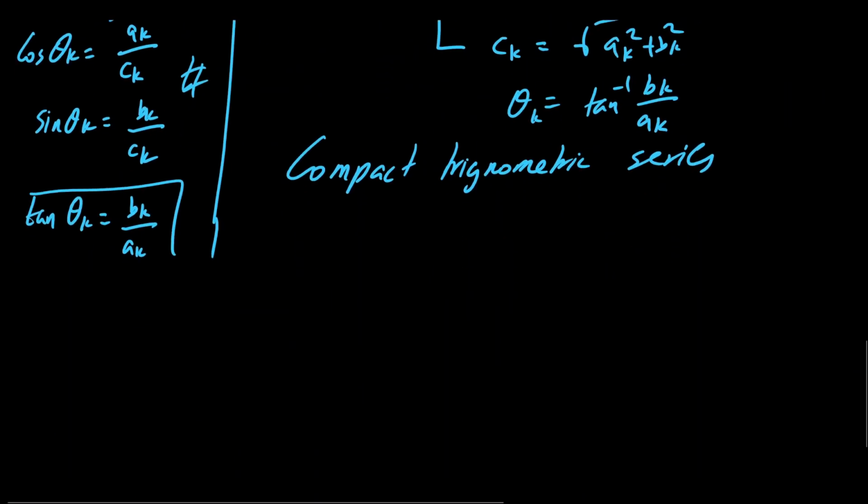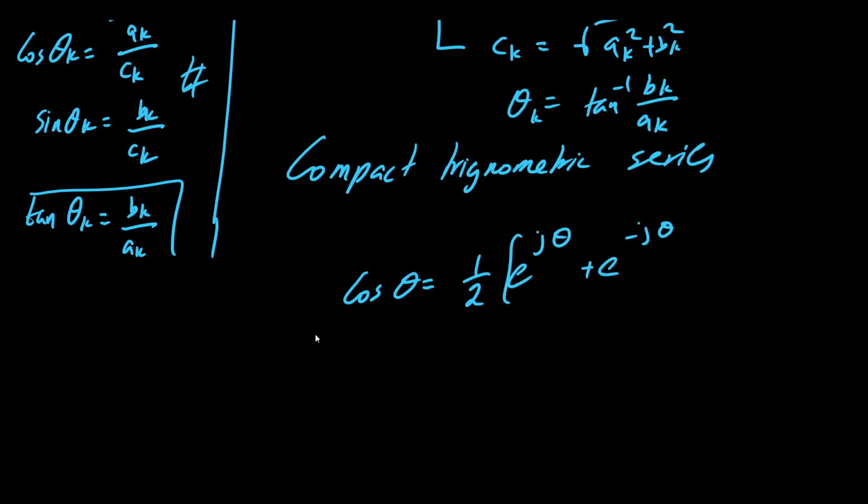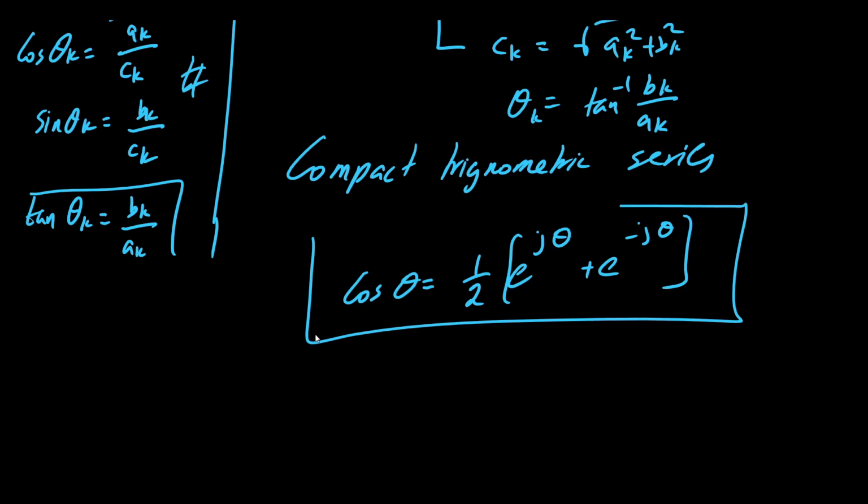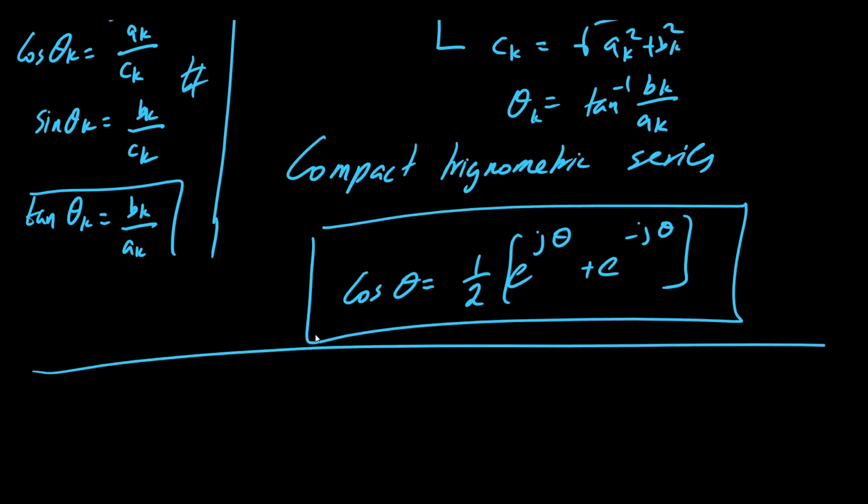But we know that cos functions and sine functions are related with exponential functions e raised to plus or minus j theta using Euler's identity. So this brings us to the third kind of Fourier series, which is called the exponential Fourier series.